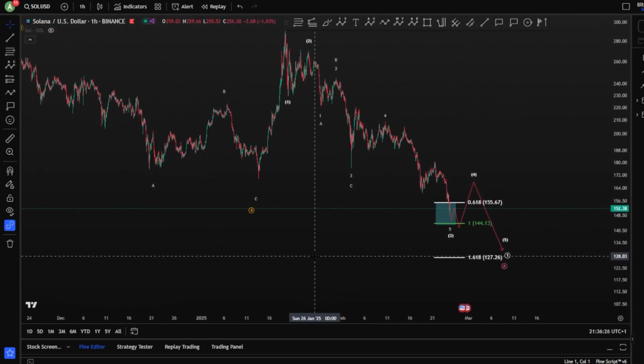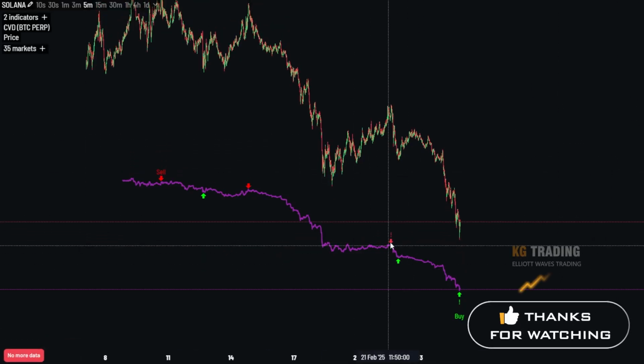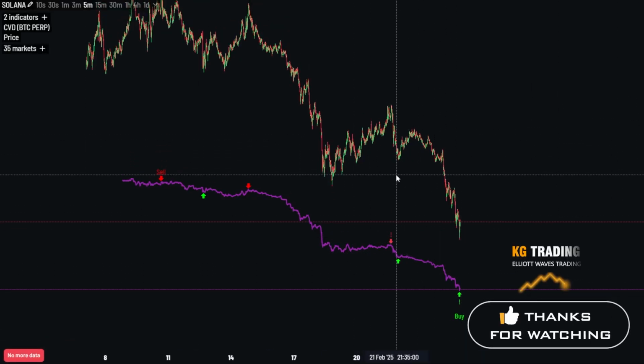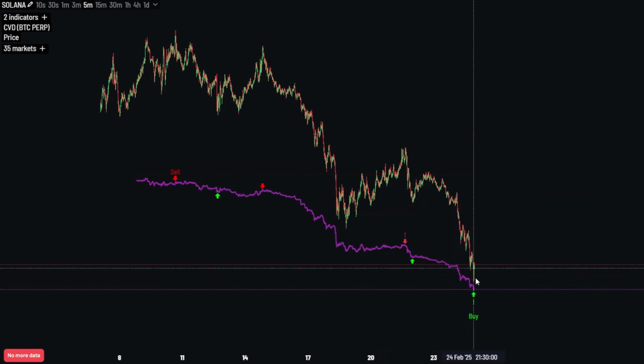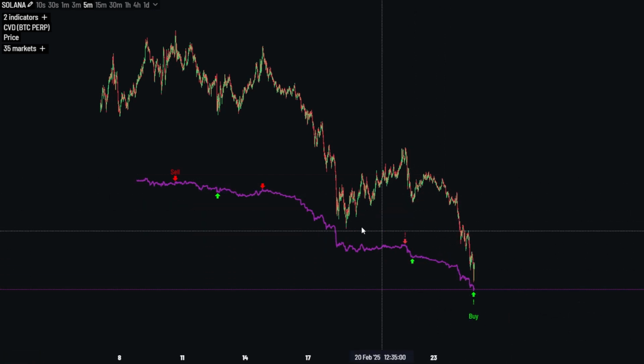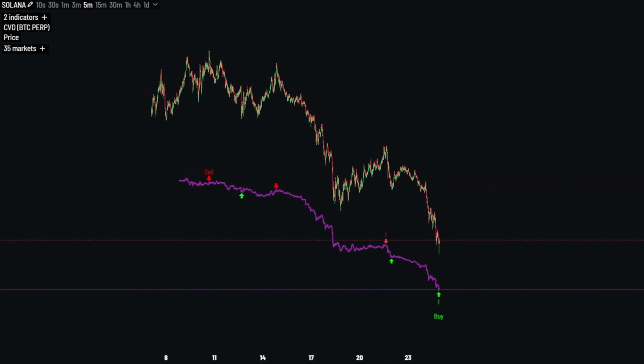If we take a look also on Solana for the KGT, as we can see on the KGT for Solana, we have, of course, a bullish invalidation, right? As you can see, 2 bullish signals, the price taking the low and moving toward the downside with high pressure of selling. Very, very clear signals from the KGT.